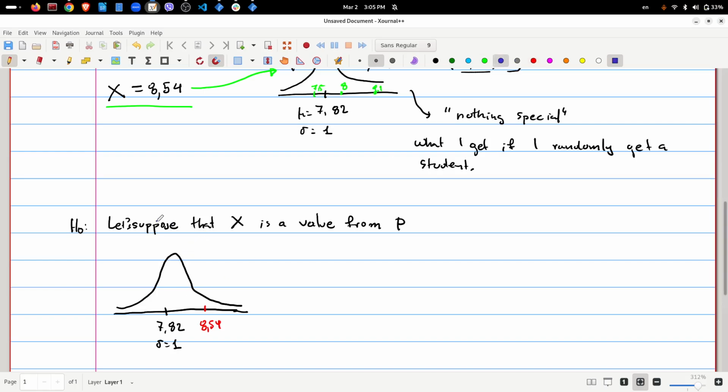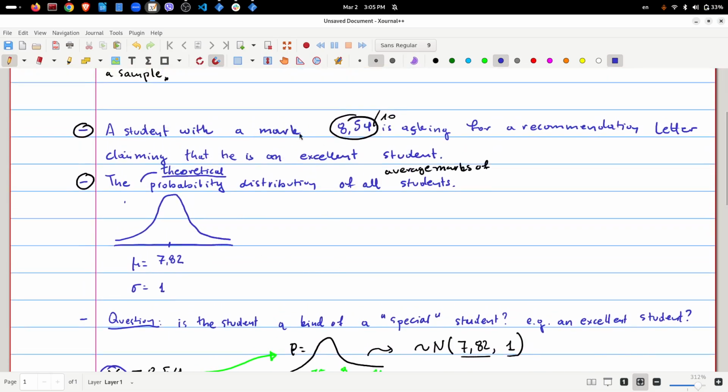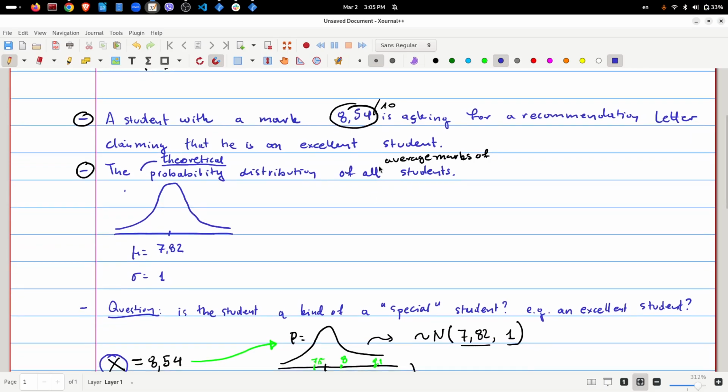I have supposed that this x is actually a value from this distribution. And now I go back to the beginning and I remind myself what this student is asking for. He's asking for a recommendation letter claiming that he's an excellent student. So he's claiming actually that this 8.54 is a very high value.